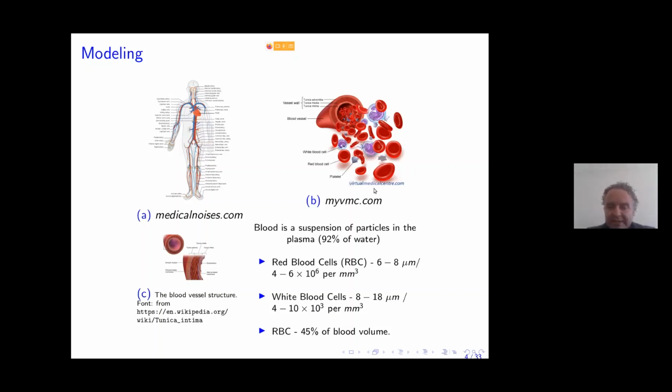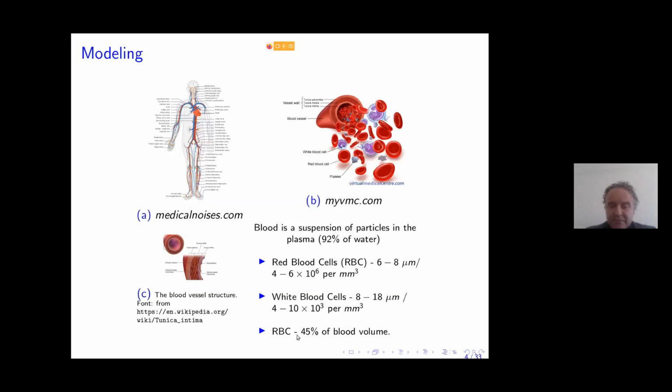So when we look at the main components of blood, we are talking about essentially water, the plasma, but this water is transporting particles, cells, and the largest number of cells are the red blood cells.